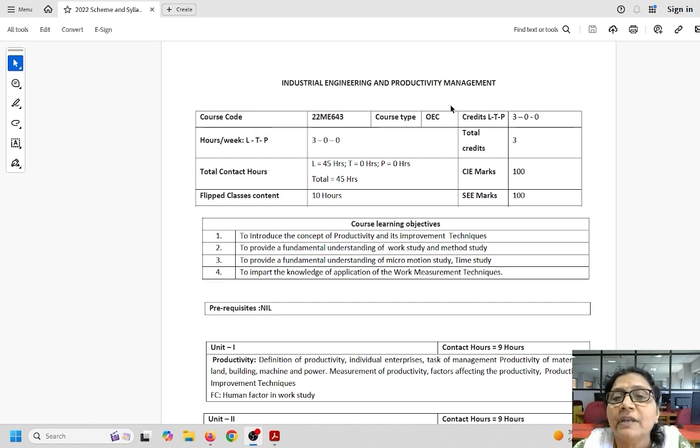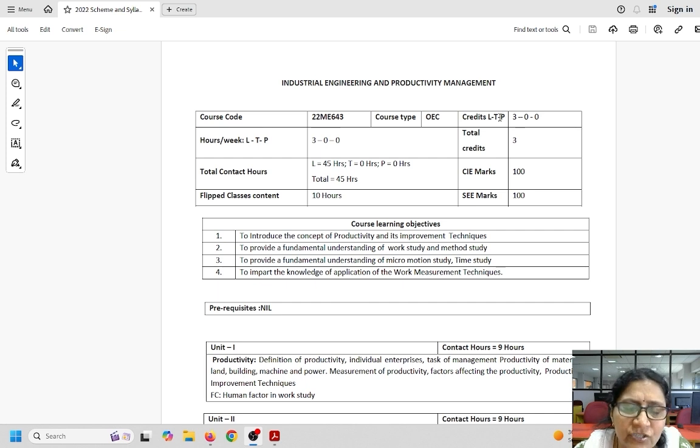That you are going to learn in productivity management. First of all, understand this is a totally common subject. Common in the sense, every industry, whether it is a software industry, a manufacturing industry, a mechanical industry, a hospital, a transportation office, or a bank, anything you can take, this productivity will come into picture.